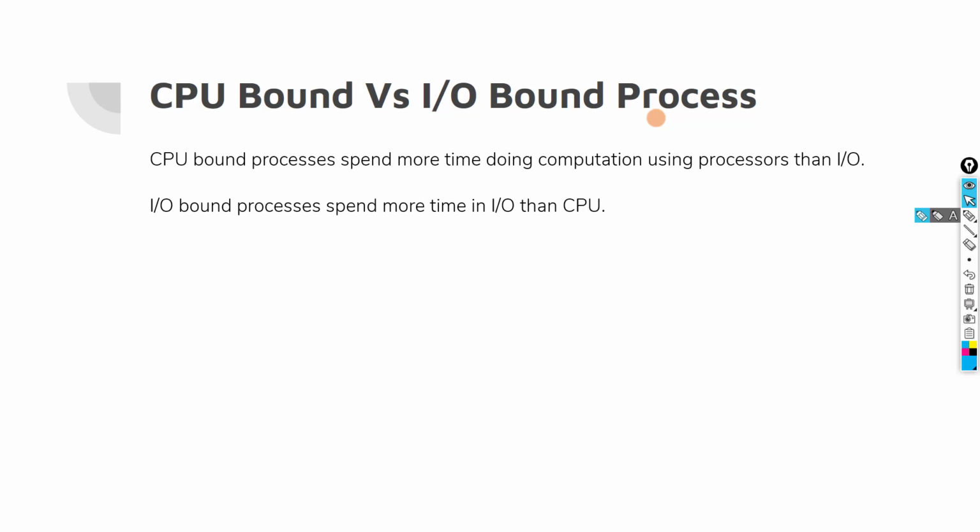If the whole program executes for 5 seconds, maybe 1 second is required for the computation, the addition, multiplication, those things, but the other 4 seconds are spent waiting for the user to give input from the keyboard, right? So this process is an IO bound process. Why? Because the maximum execution time of the process is for the input output, not the computation.